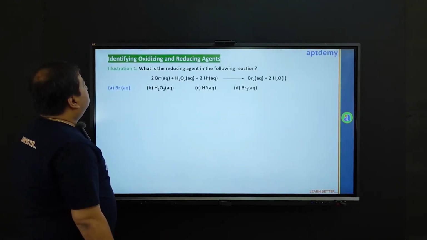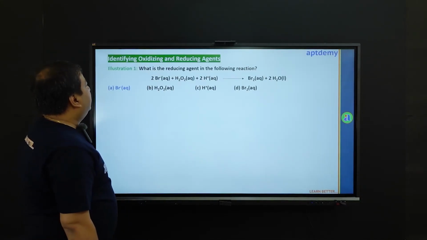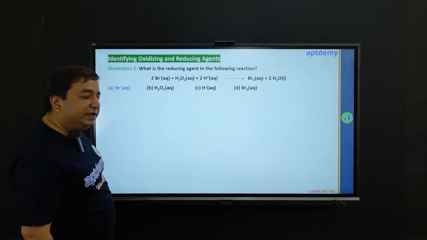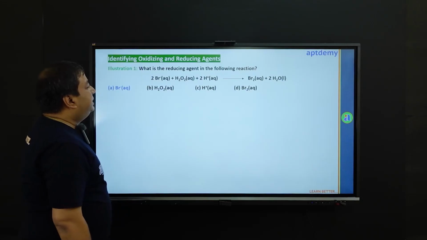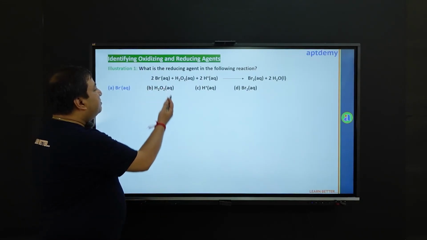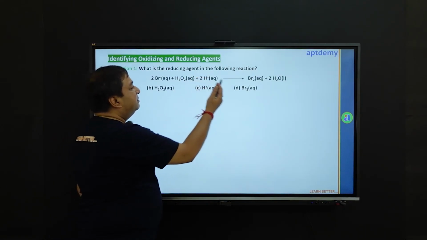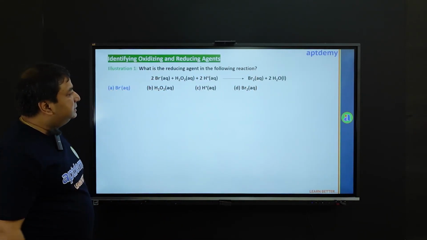Now we will be identifying oxidizing and reducing agents. In illustration 1, what is the reducing agent in the following reaction? We have been given the reactants Br minus reacting with hydrogen peroxide in an acidic medium, and the products are bromine and water.